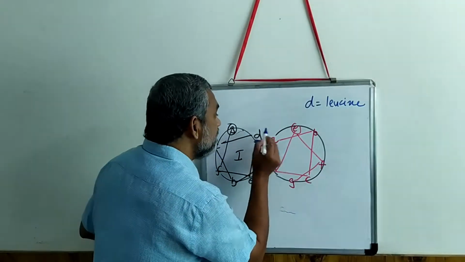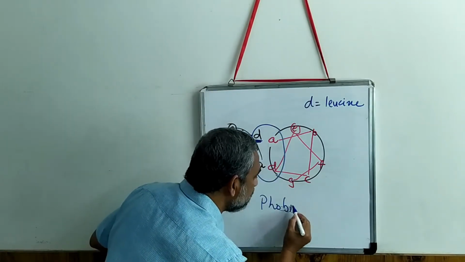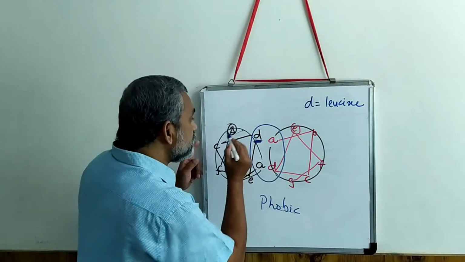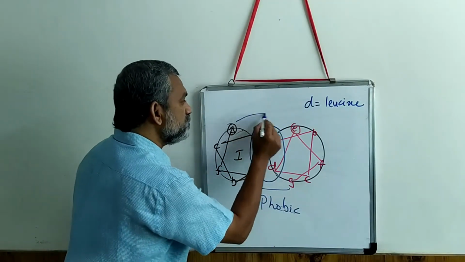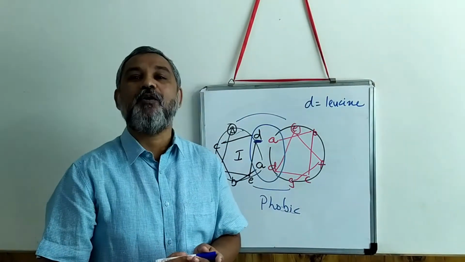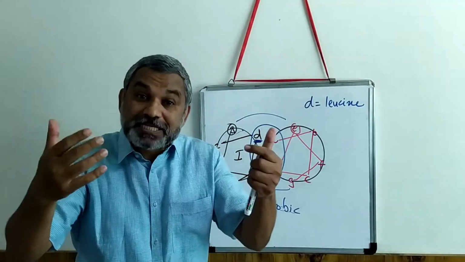In other words, this region becomes hydrophobic in nature, and residues G and E normally form ionic bonds, which means they will have opposite charges.